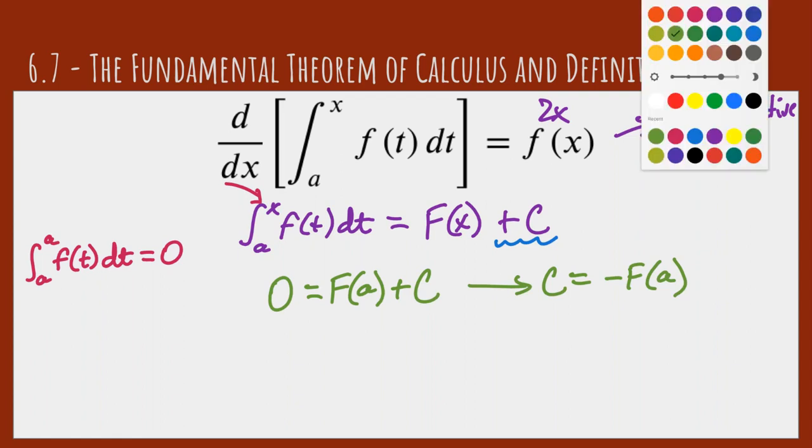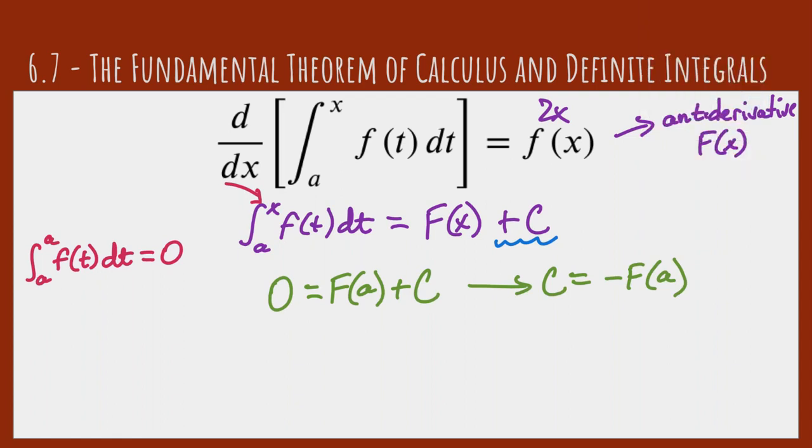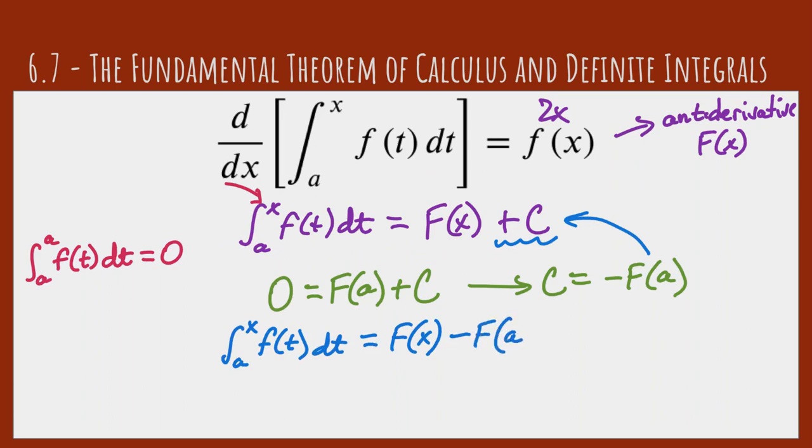So now using that, if we plug that back into this equation right here for c, we have the integral from a to x of our function f of t dt is equal to big F of x, so the antiderivative evaluated at x, minus the antiderivative evaluated at a.